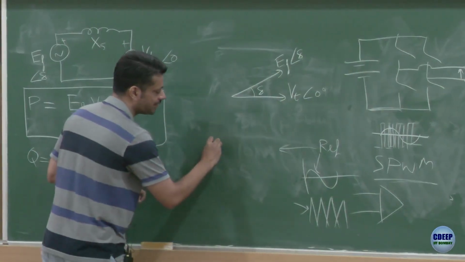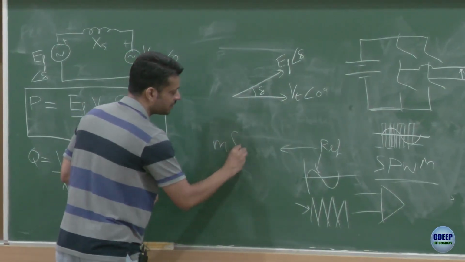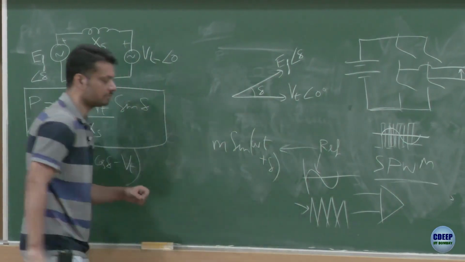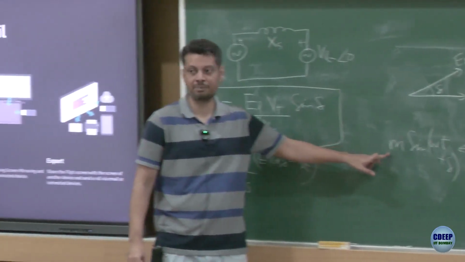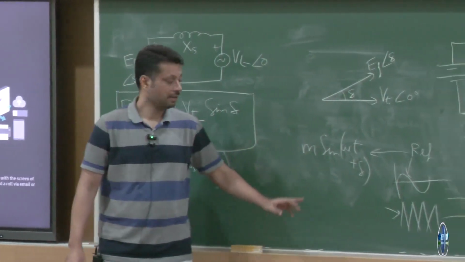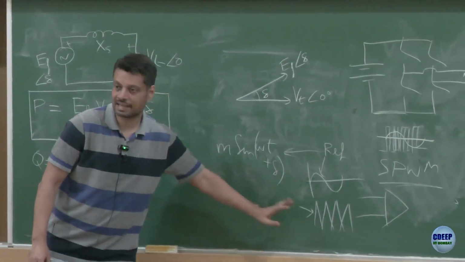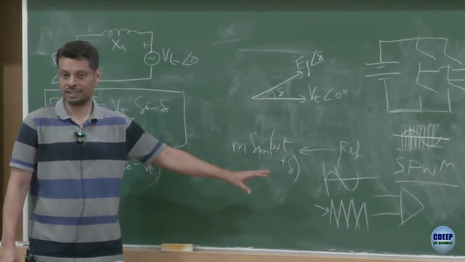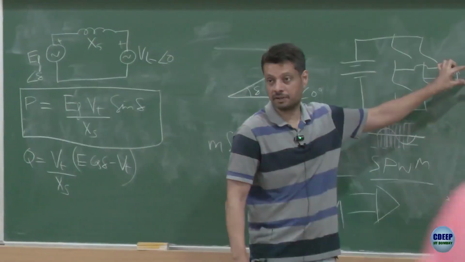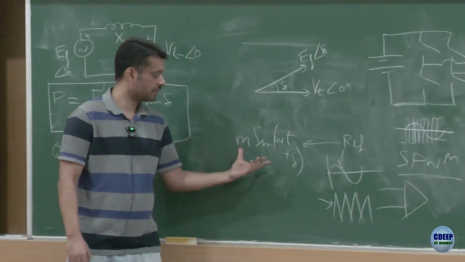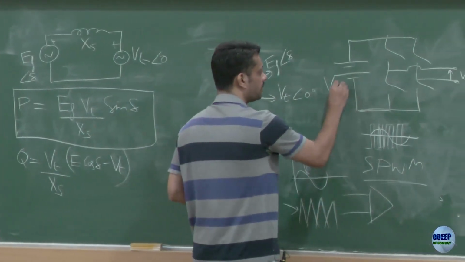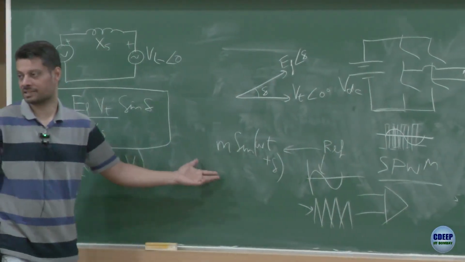So the reference was, if you remember, m sin(omega t plus delta), where m was between plus and minus 1. You had omega, which is the fundamental frequency, and you have delta. The carrier frequency was much higher than the fundamental frequency. If you were using this, then we saw that the fundamental component of the voltage produced across V alpha is nothing but m times VDC into sine of omega t plus delta.